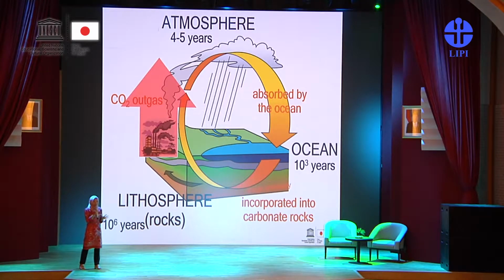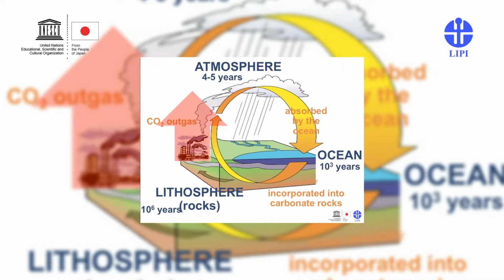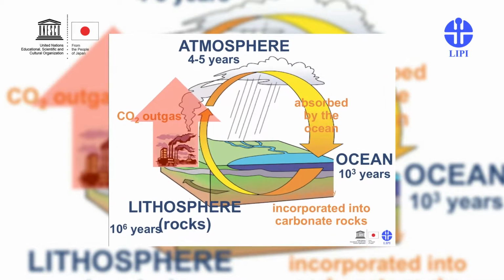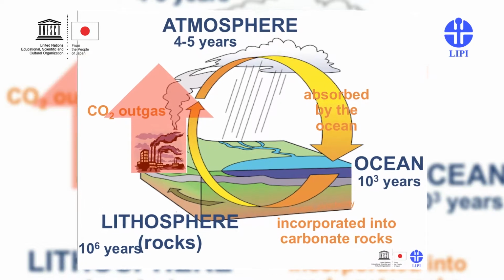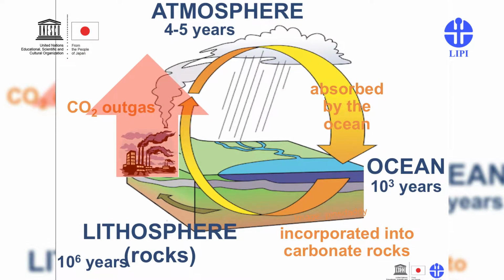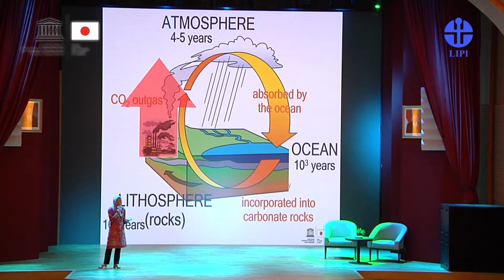What's happening right now is that we have increased this CO2 outgassing, not due to volcanoes, but now due to our cars, our industry, and so on. And we have this part getting so much higher, but the way it's being absorbed into the oceans and into rocks is still the same process. So what happened is we have these accumulations of CO2 in the atmosphere that we cannot absorb back into the cycle.